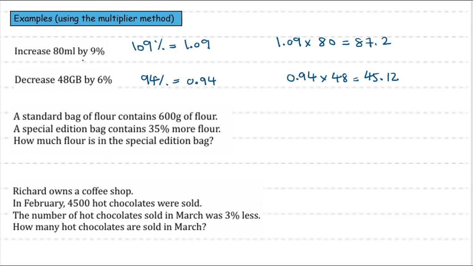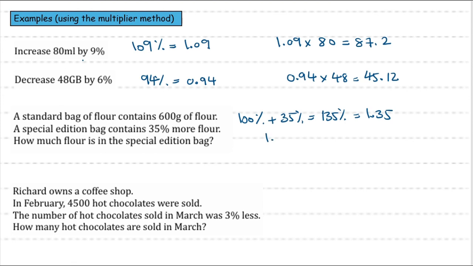A standard bag of flour contains 600 grams of flour. A special edition bag contains 35% more flour. How much flour is in the special edition bag? So here, because it's an increase, the multiplier is 100% plus 35%, which gives us 135%, which is 1.35.